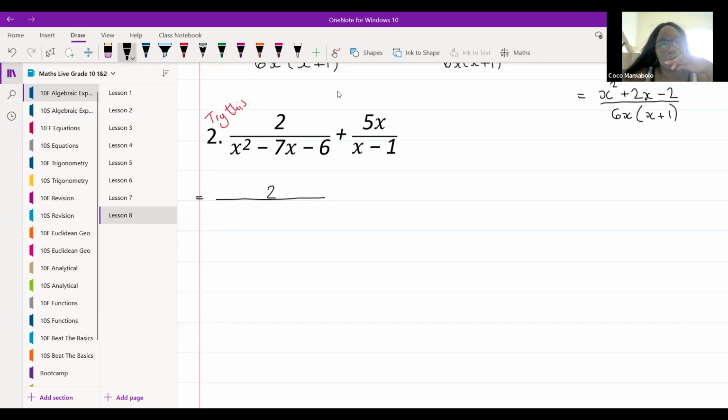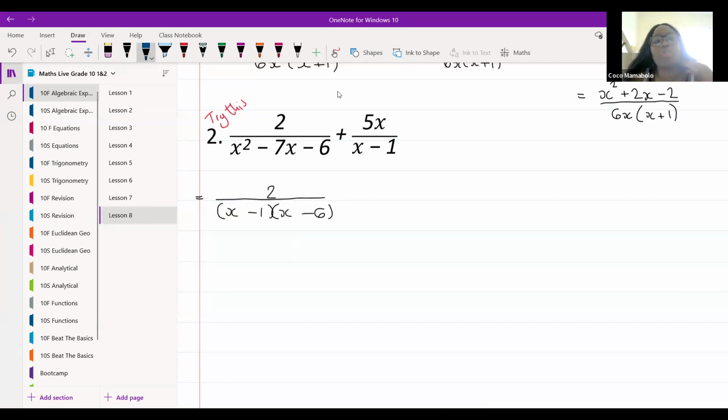Ma'am, you're gonna find a number that when you times it will give you -6, and when you add, gives you -7x. Those numbers will be -1 and -6. Okay, good. So we're going to have x minus 1, are you agreeing with me? And x minus 6, yes? Yes, ma'am. Okay, now here's the problem, my darling.